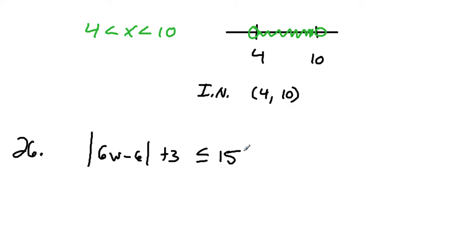Okay, so let's go with 6w minus 6 plus 3 less than or equal to 15. Okay, before you do anything on this one again, you've got to get the absolute value by itself, so get rid of this 3 by subtracting 3 from both sides.